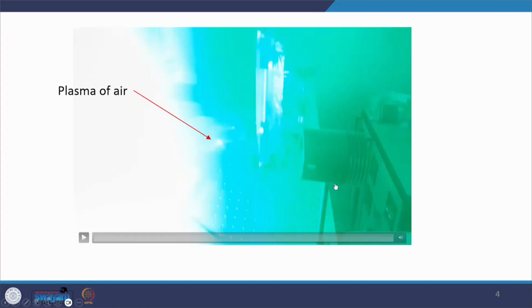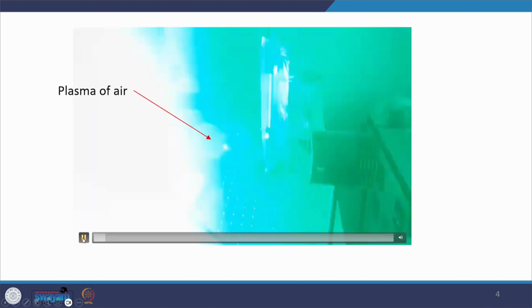Now, I will show another video where you can see the ionization of gas, or the plasma of air, simply in the air just by focusing the laser light. You can see how a huge amount of energy can be focused with the help of a lens within a very small region, and you can generate plasma of different materials, be it gas, solids or even liquids.